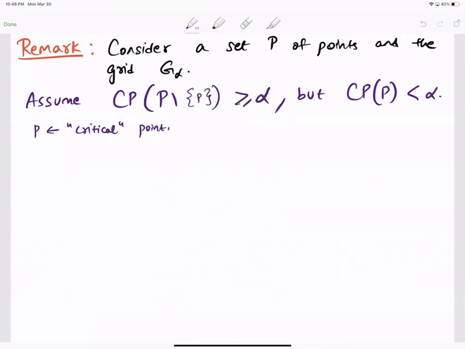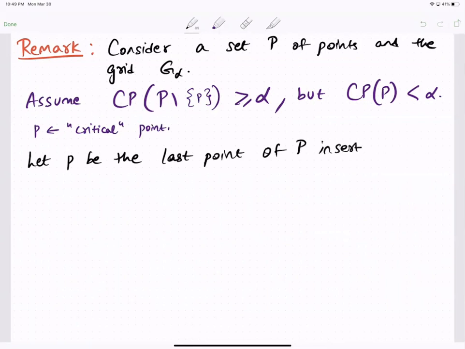Now, if the following scenario happens: let p be the last point of P inserted into G alpha. Suppose this is the last point that gets inserted into G alpha, then the above lemma will guarantee that we'll actually find the closest pair of points, because p will be one of the points which has to participate in the closest pair.